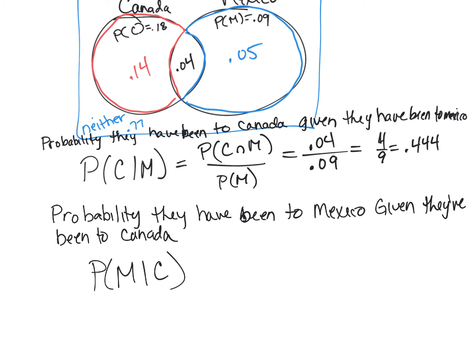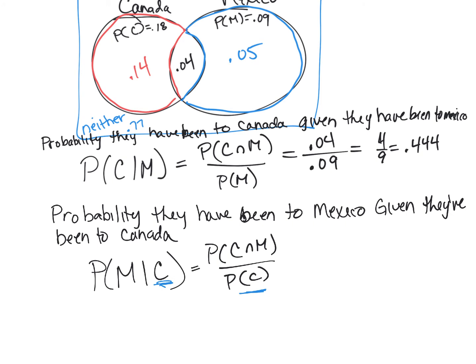How does that change my calculation? That's the probability of Canada and Mexico divided by the probability of Canada. So what's given is what goes in our denominator. We divide by what's given. Because we're dividing them up. We're saying, okay, I'm only looking at the people that have been to Canada.